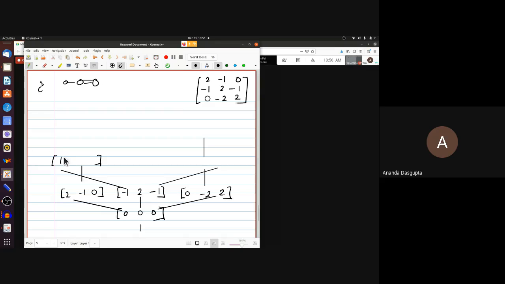Either way, you get the same result, which is 1, 1, -1. That's alpha 1 plus alpha 2. This is alpha 1, this is alpha 2, this is alpha 3. And here, of course, you are getting alpha 2 plus alpha 3.